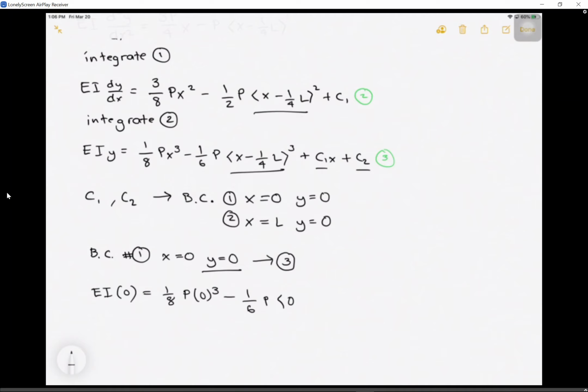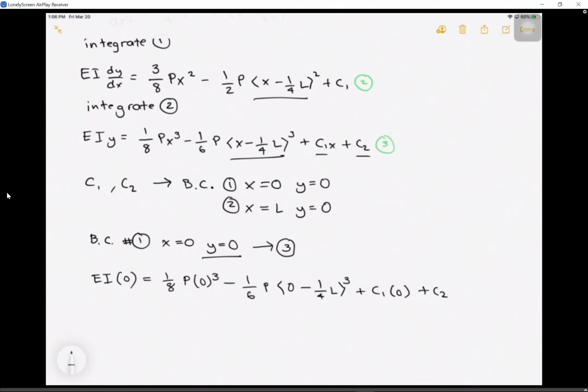So that's 0 minus 1/4 L raised to 3 plus C1 times 0 plus C2. For sure, this is equivalent to 0. That's equivalent to 0. We are sure of that.